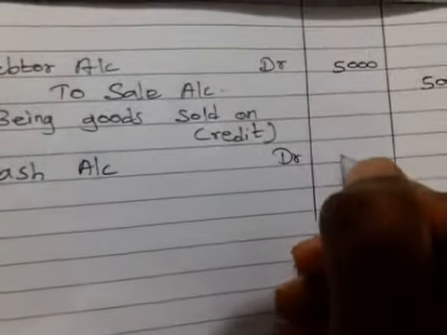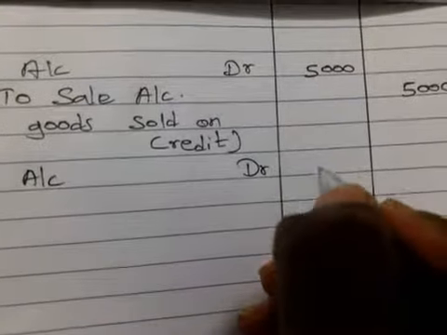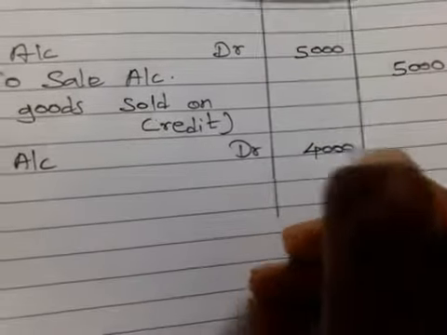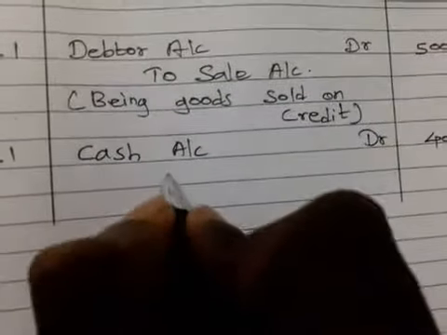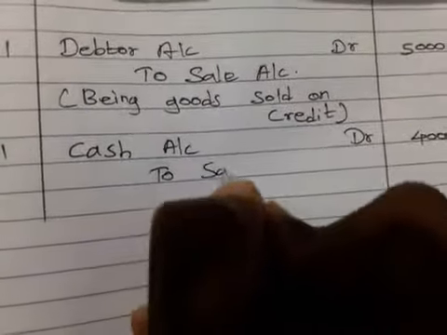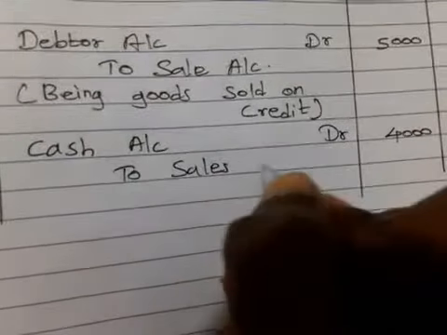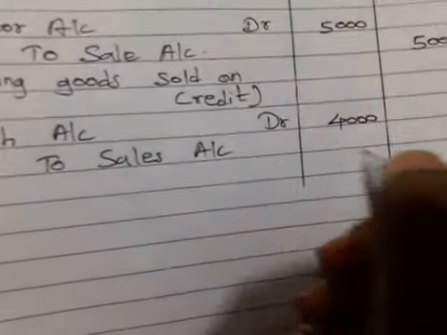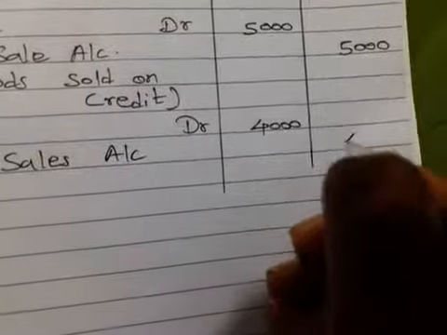Cash account debit 4,000, to sales account 4,000.